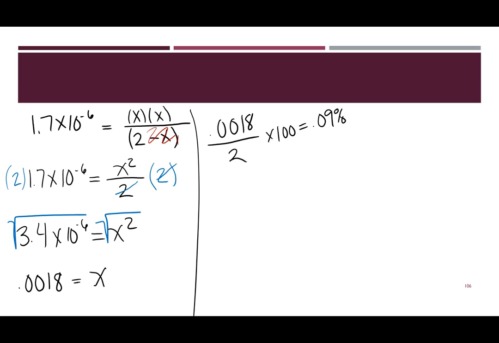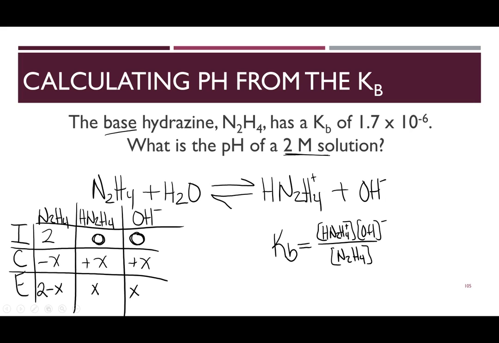So certainly this x is small assumption is incredibly valid. It's well under that 5%.